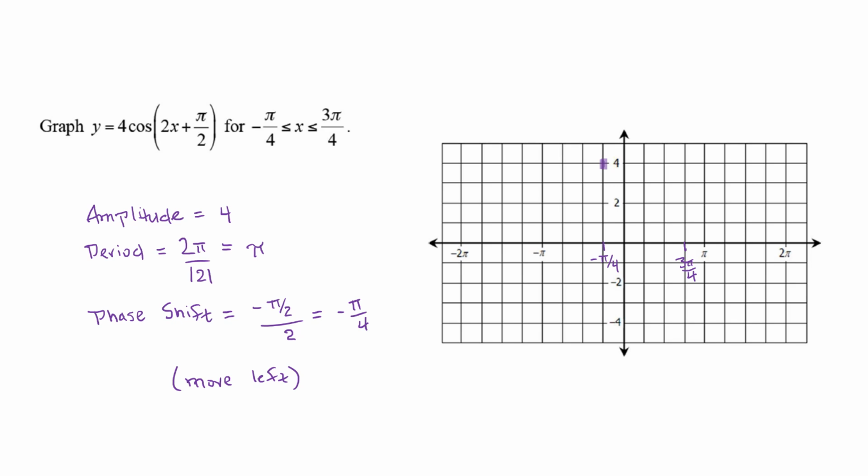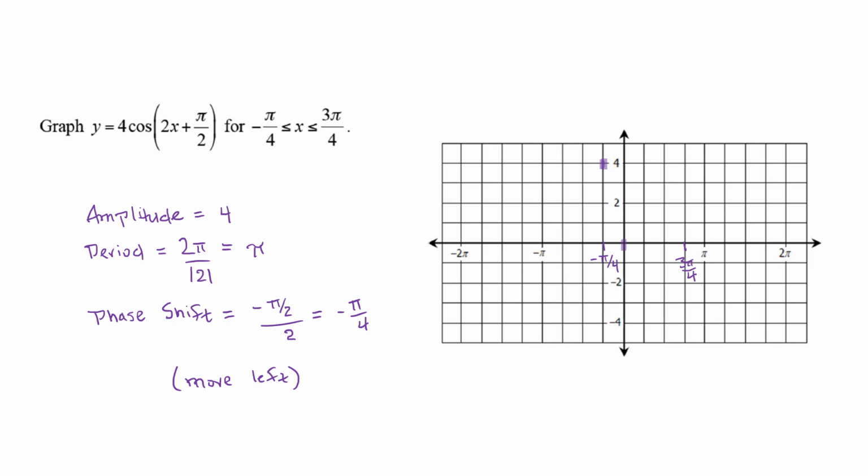So instead of skipping 1 like I did in the previous problem, I now have to go every other next unit. So for example, negative pi over 4 is where I started, and so now I'll go to the next x-axis value, which would be 0. And then I'll plot the next y, which will be 0.